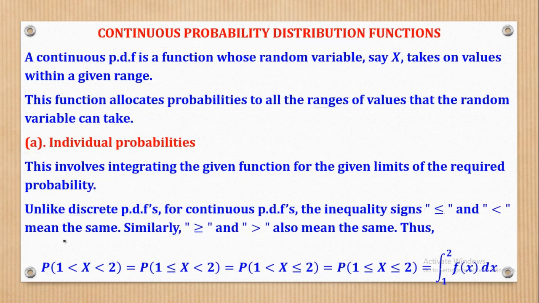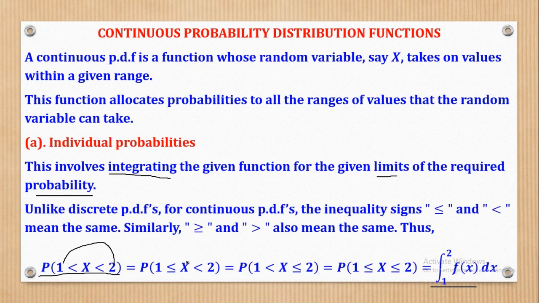Because of this, for continuous PDF, probability of x greater than 1 but less than 2 is got by integrating from 1 to 2. Remember, individual probabilities are got by integrating, and the limits to use are in the probability which is required. So when they want probability of x greater than 1 but less than 2, you integrate from 1 up to 2, as you can see here.